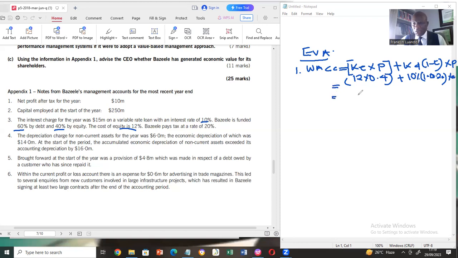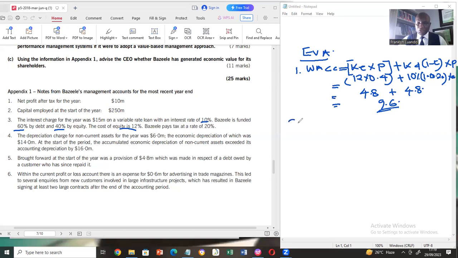So here, how much do we have? 4.8 plus there also 4.8. So the WACC is 9.6%. That will be used to calculate the economic charge.